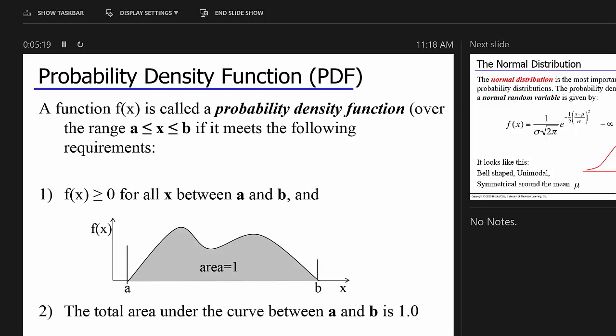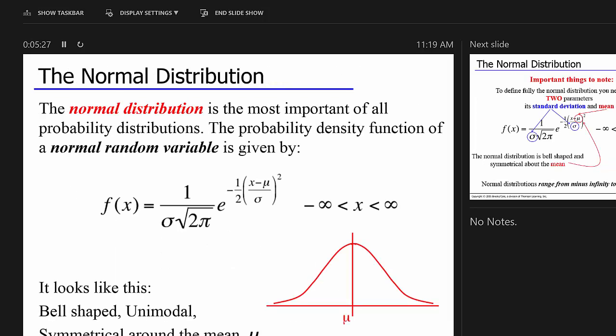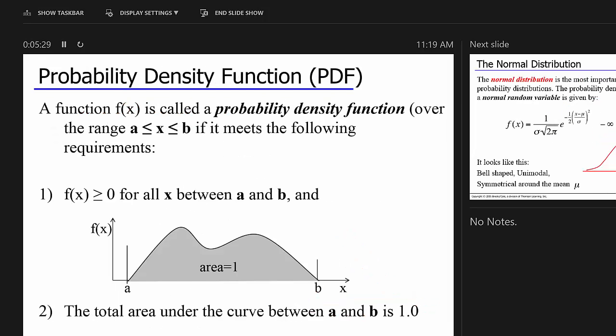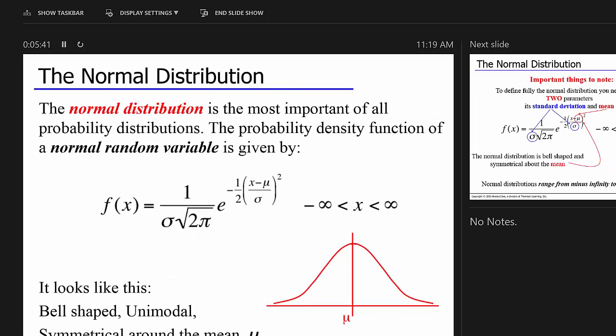So these are the only two restrictions: PDF should be 0 or more, and the total area under the curve should be 1. That gives you the hint that now we're looking at probabilities as areas under the curve, right? And I'll have a slide later on that demonstrates that.